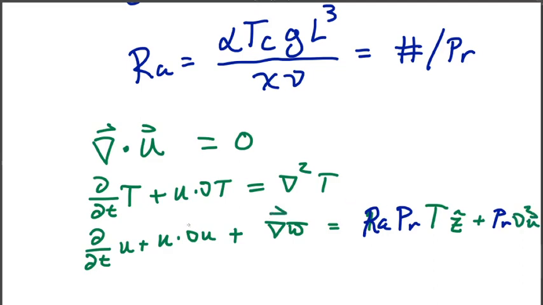Here's the full set of equations for Rayleigh-Benard convection under the Boussinesq approximation, using that the timescale tau is given by the thermal diffusion timescale. Tau is equal to L squared over chi. As we look at the system of equations, we can see some clues to the non-dimensionalization that was done.